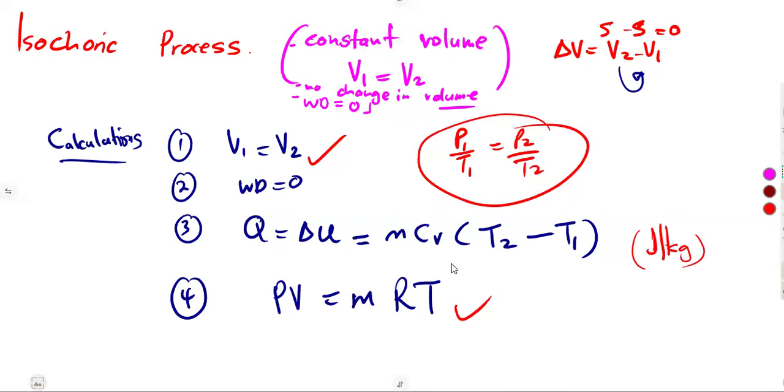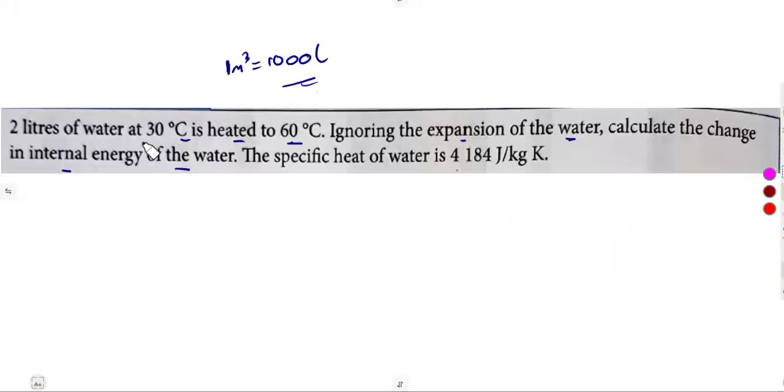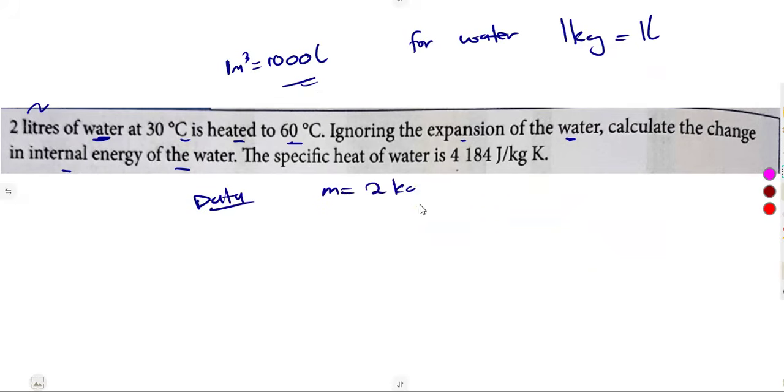The mass is what is used. So what's the relationship between the liters and mass when dealing with water? A kilogram is equivalent to 1 liter. So we have the mass, which is 2 kilograms, since 2 liters. It was 1:1. So if this is 2, this is 2.